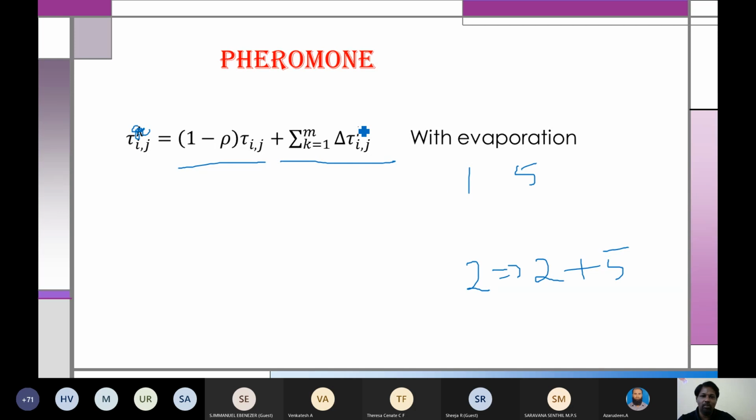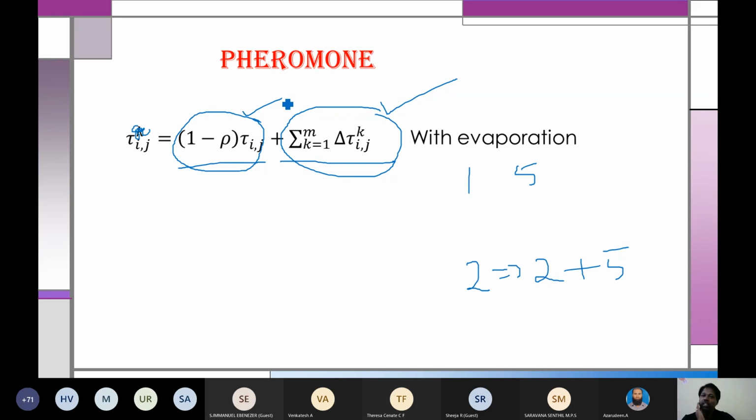So this is the pheromone secreted in the second iteration, and this is the one that was there after the first iteration. In the first iteration some pheromone content will be deposited, in the second iteration some pheromone content will be deposited, and the sum will be what is available now and what was available previously.